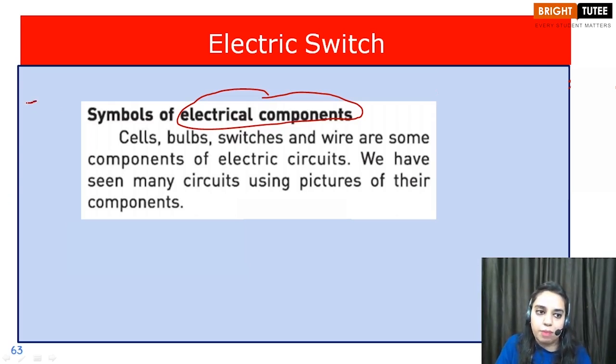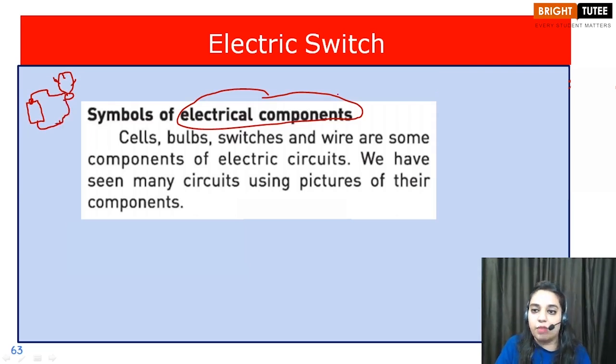Do you remember? We have used a cell, connecting wires, a bulb, and again connecting wires. So the components of an electric circuit are cells, bulb, switches that we have studied now, and connecting wires. These are all the electric components.